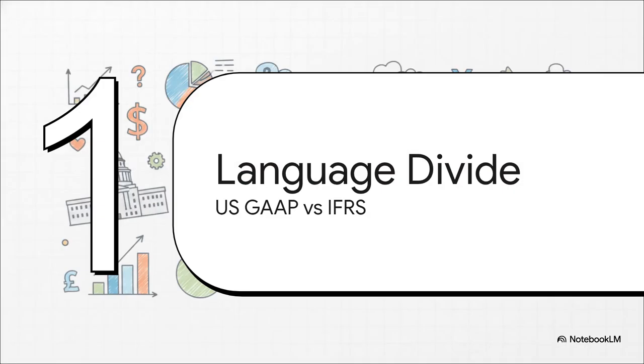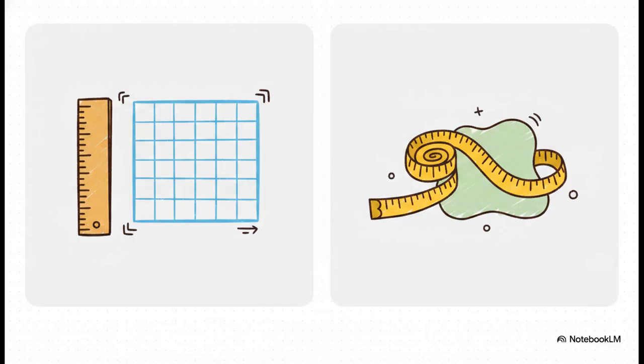Section 1. The Financial Language Divide, US GAAP versus IFRS. So let's look at the foundational philosophy that really separates these two systems. At the highest level, the balance sheet totally sets the tone. US GAAP, which is the standard in the United States, obviously, is notoriously rules-based. It demands a highly prescriptive presentation. It basically tells you exactly where every single thing must go.